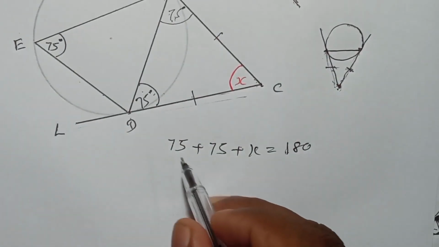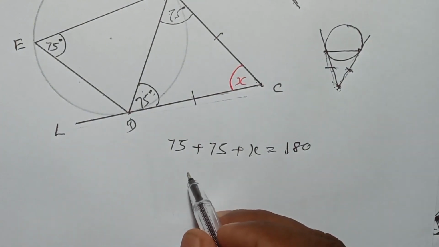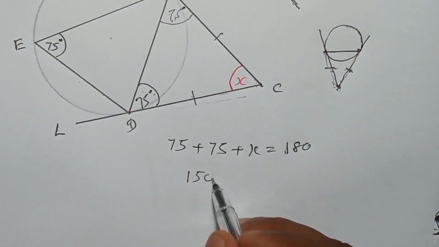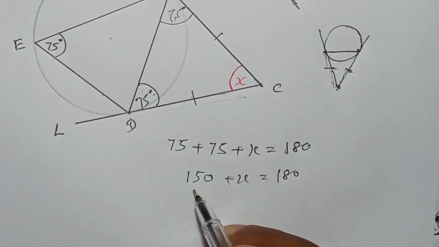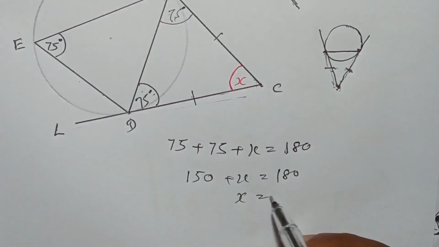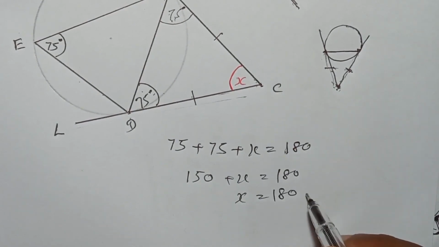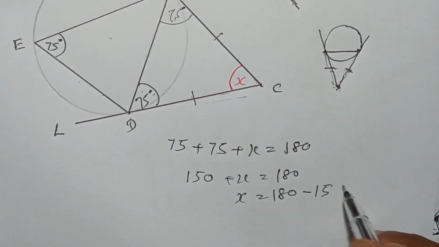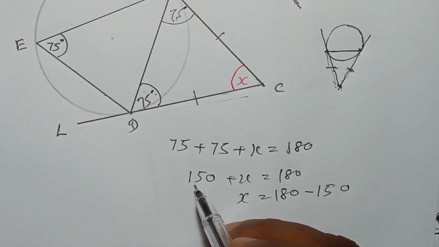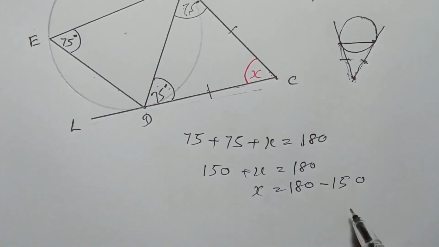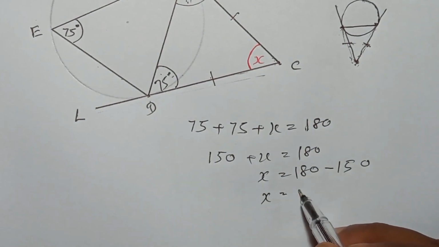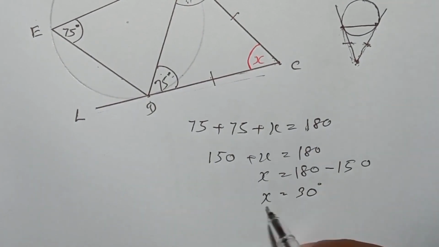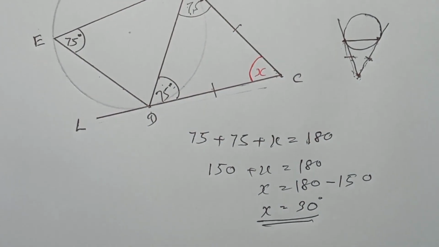So 75 plus 75 means 150, plus x equals 180. Bringing 150 to this side, it will be 180 minus 150, because when I bring it over, it becomes minus. So x equals 180 minus 150, which is 30. So x equals 30 degrees.